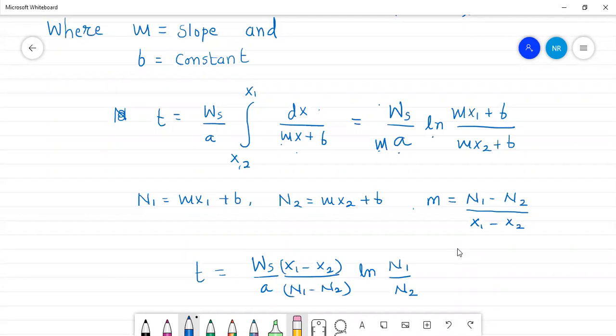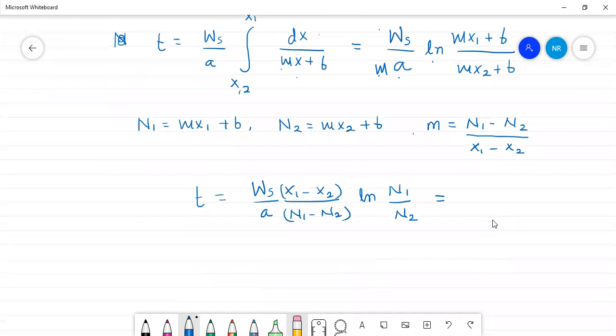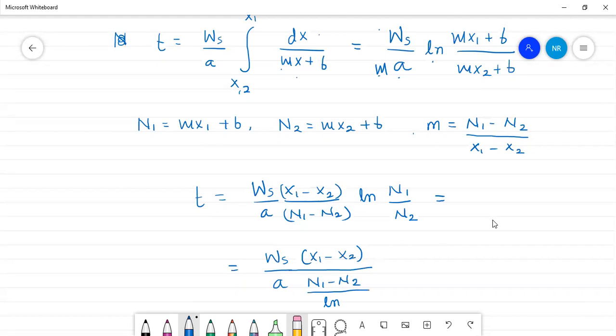Then we can rearrange this and also write it like this: Ws divided by A, X1 minus X2, divided by N1 minus N2 divided by ln N1 divided by N2.